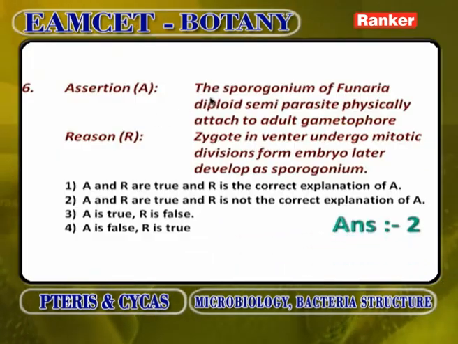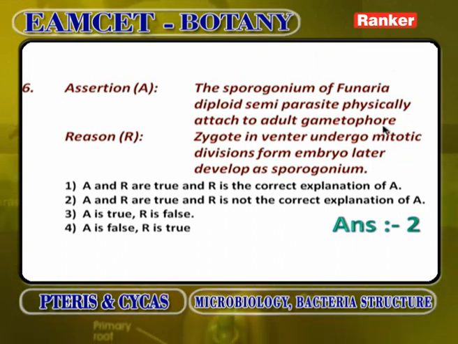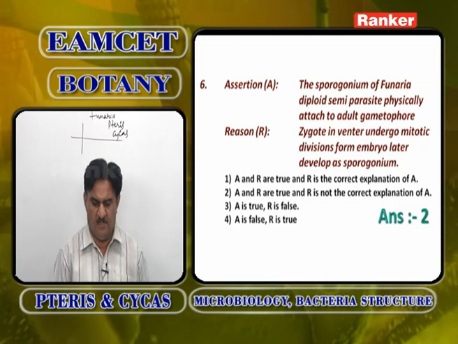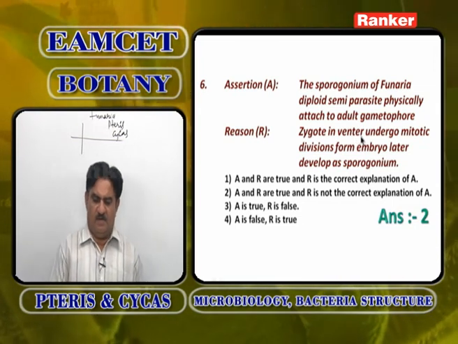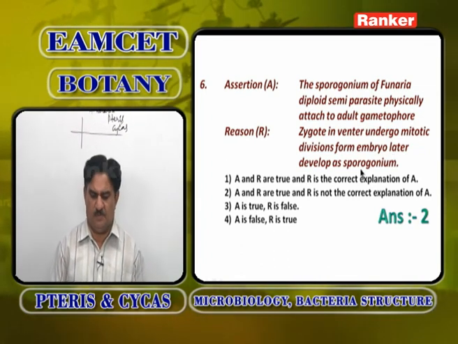Assertion: the sporogonium of Funaria, diploid, semi-parasitic, physically attaches to the adult gametophore. The sporogonium is the sporophyte. It is definitely diploid, and it is a semi-parasite, physically attached to the lateral branch of the adult gametophore. Reason: zygote in the venter undergoes mitotic divisions, forms embryo, which later develops into sporogonium.